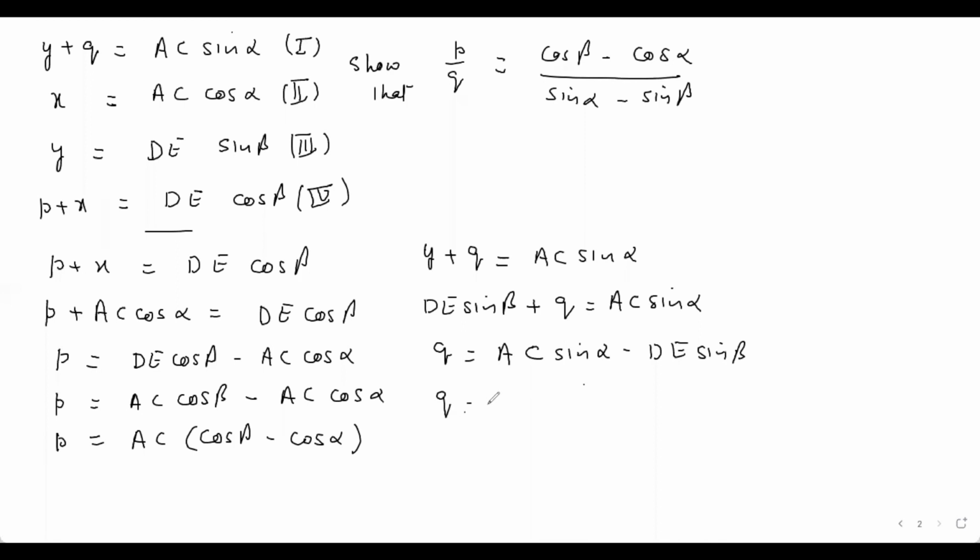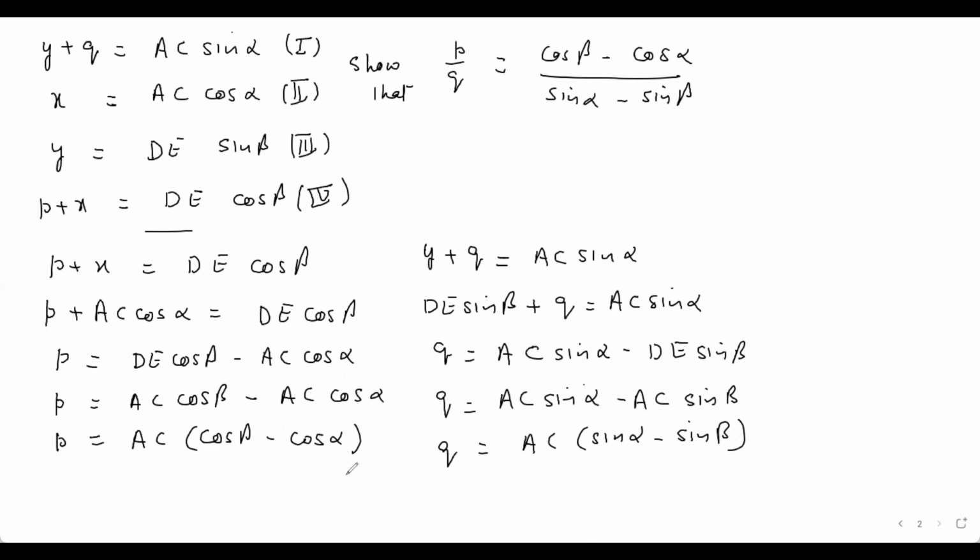Instead of DE, I can write AC, again because both are the length of the ladder. So Q is equal to AC sine alpha minus AC sine beta. Take AC common. I'll have sine alpha minus sine beta in the bracket.